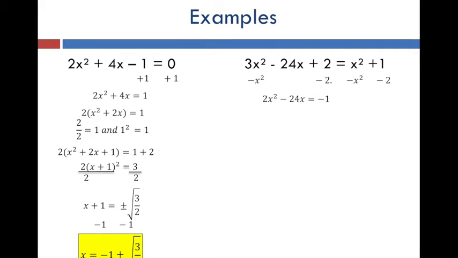Now I need to factor out the a. Now I'm going to take half of b and square it. Add that number to both sides. But don't forget that this is technically not a 36, it's 2 times 36. So I'm going to add 72 to the right side.